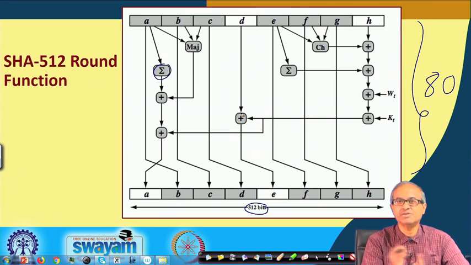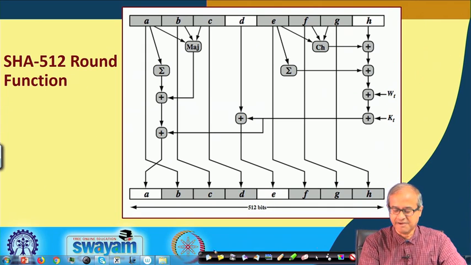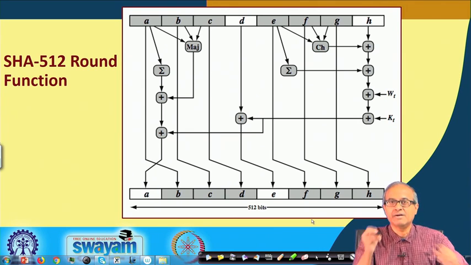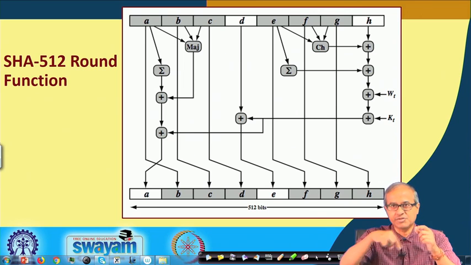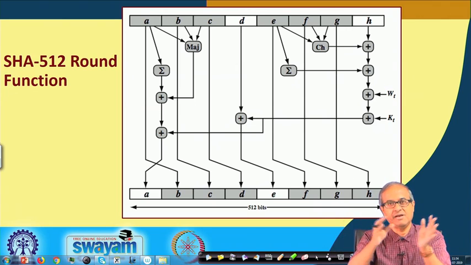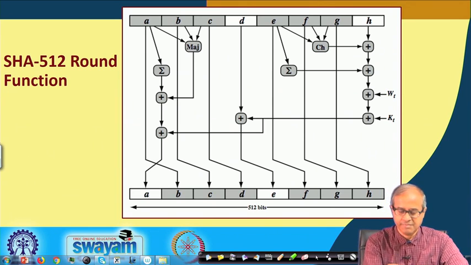There are many such operations going on inside, and everything is iterated 80 times. Only after that you get the final 512 bit digest, and that goes into the input of the f for the next one, and finally you get back a single 512 bit digest, which you take as the final hash value, right.